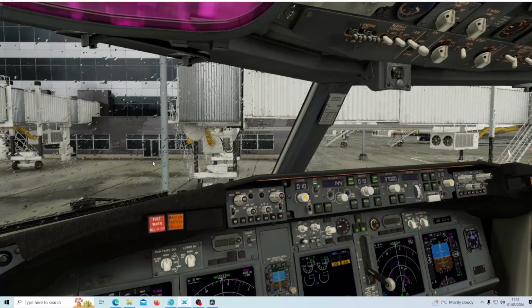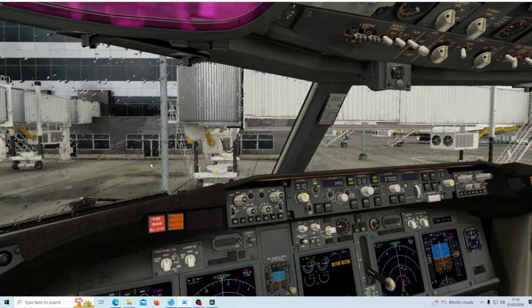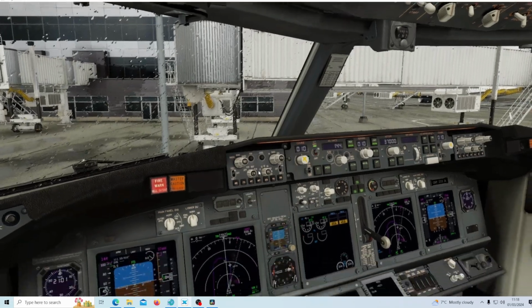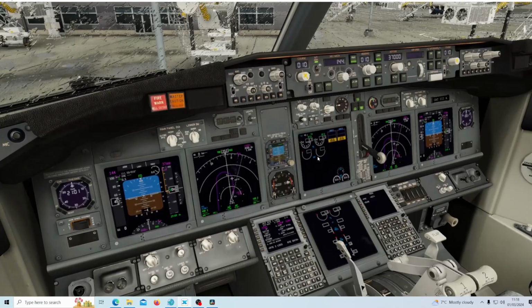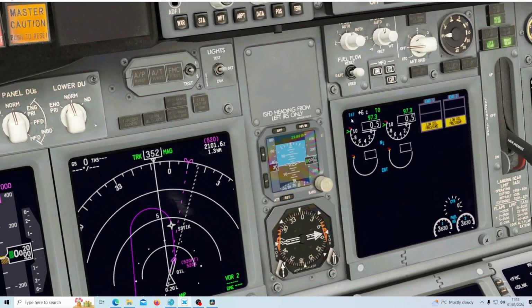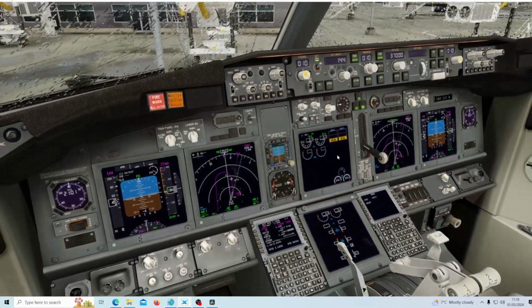So how do we determine whether we need engine anti-icing? First of all, we go to the ATIS or some other means to find out the temperature of the airfield, and here we can see it's 6 degrees. So this is a relatively easy determination.